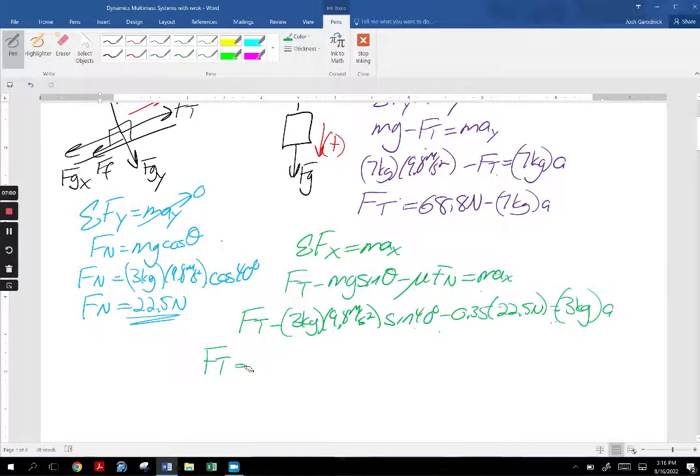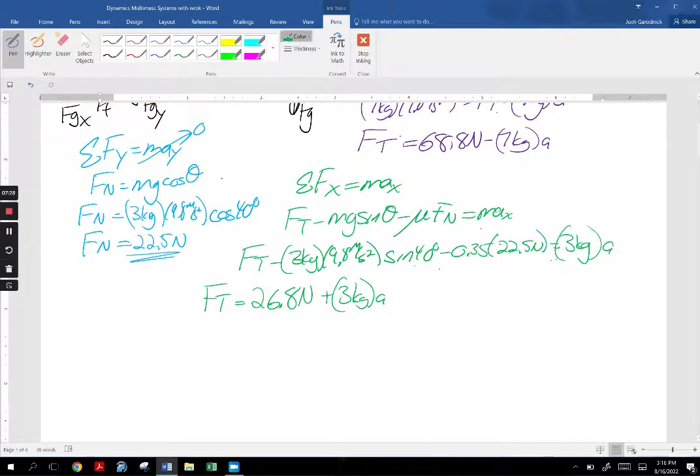Call me crazy. 3 times 9.8, sine 40. And I get 26.8 newtons plus 3 kilograms times A. Again, up to you what you want to do here, but now that we have isolated the tension forces for both, we know that they have the same acceleration, the same tension in the rope. We can set the two tensions equal.